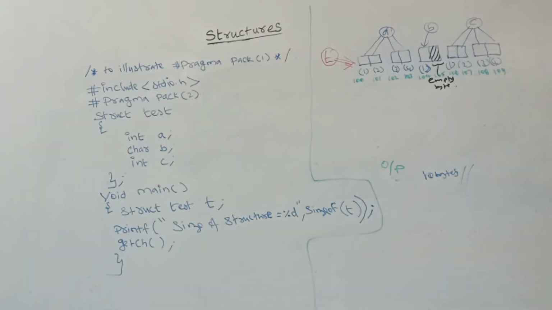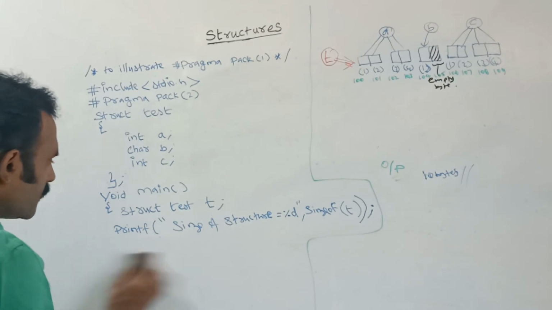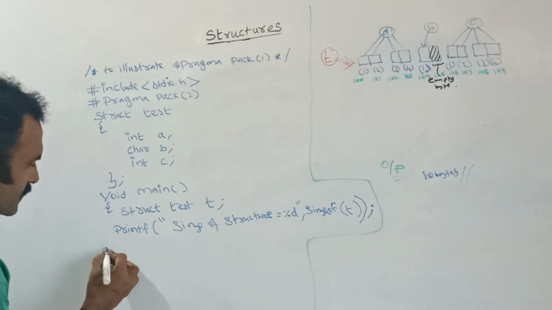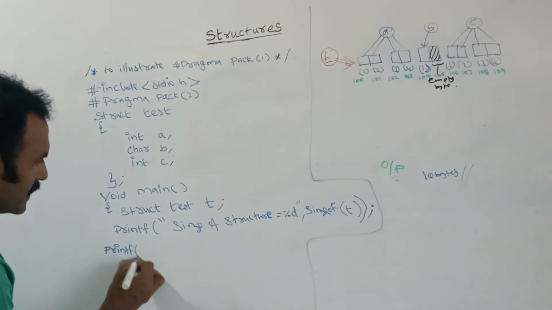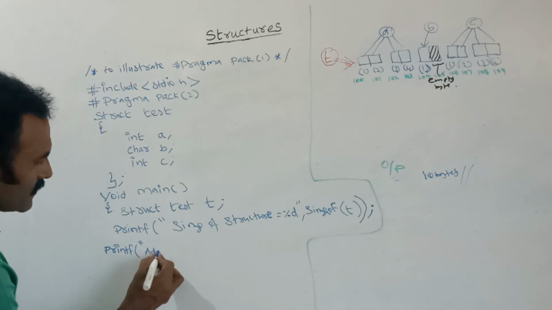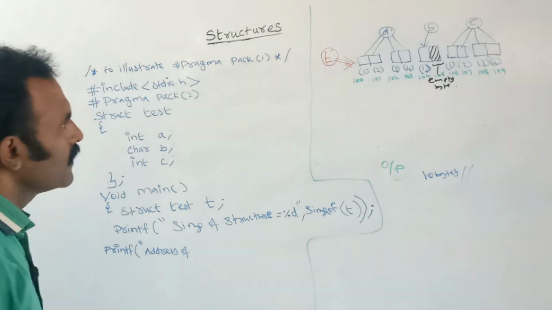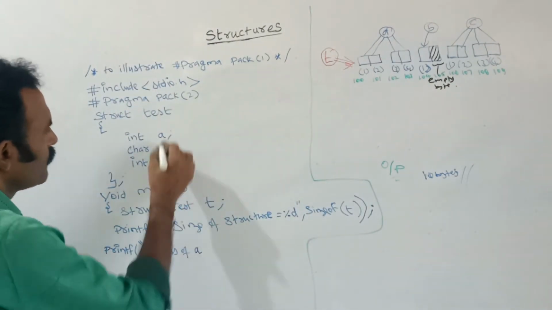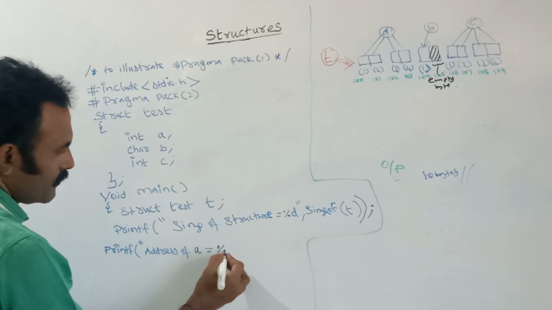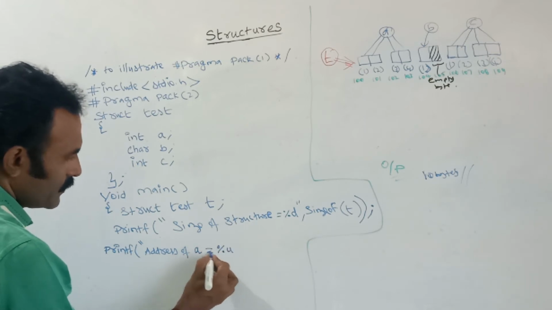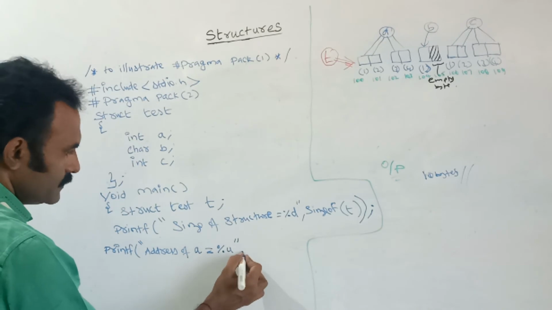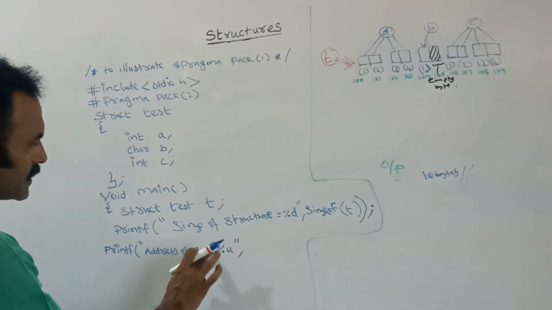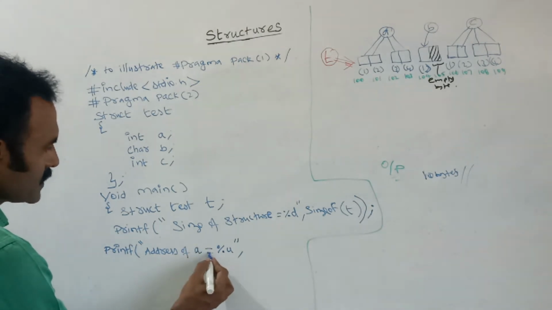So see, suppose if I need to print the address, by program we can print the address. Here I am telling to printf address of first structure member A, percentage U. Address of the structure member A is equal to percentage U. Here we are using percentage U because the address is always unsigned.